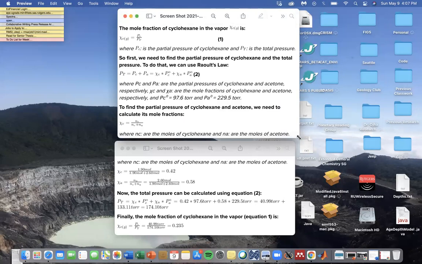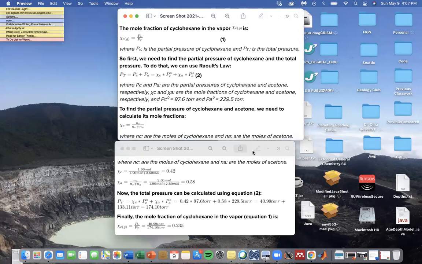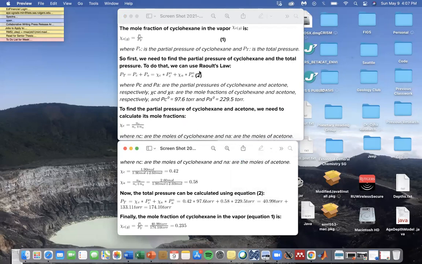Oh, the one in the vapor. Yes. So I found the solution online. So at least we have the solution. So I guess this is the mole fraction of cyclohexane in the vapor is the partial pressure of the... so you would use the equation P total equals the mole fraction times PC.